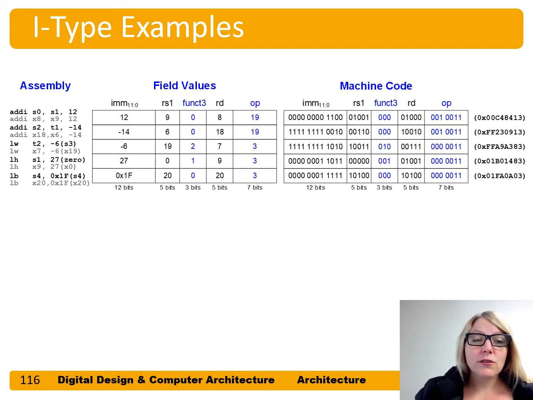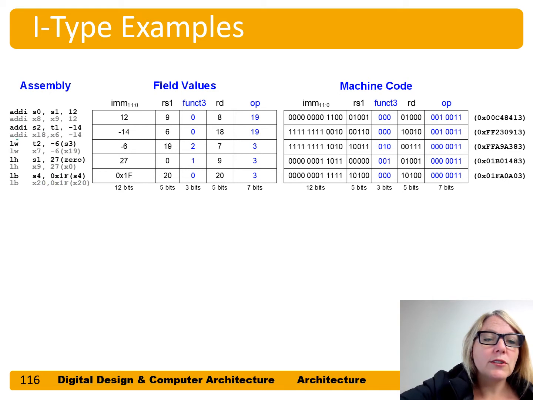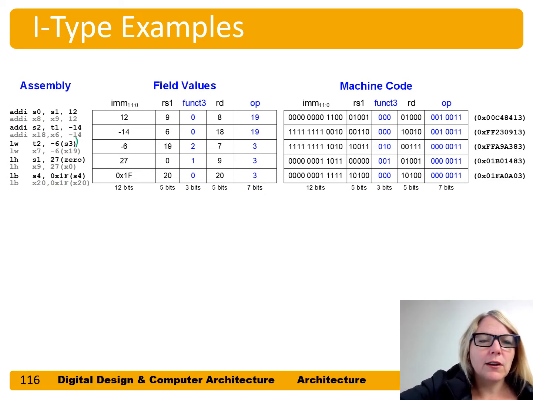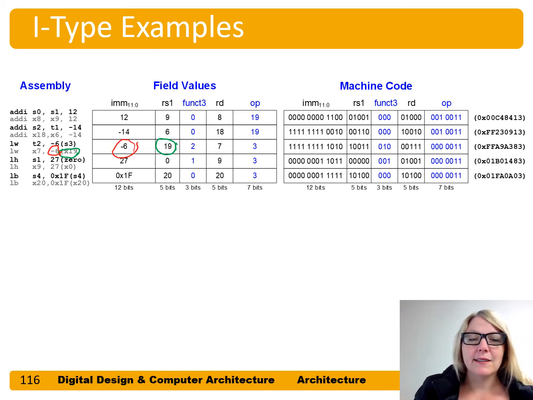It turns out that these load instructions, load word, load half, and load byte, are also I-type format. So we have our source register, S3, which we're going to use as a source operand. That's register 19. We're going to encode an immediate field, in this case -6 as the offset.